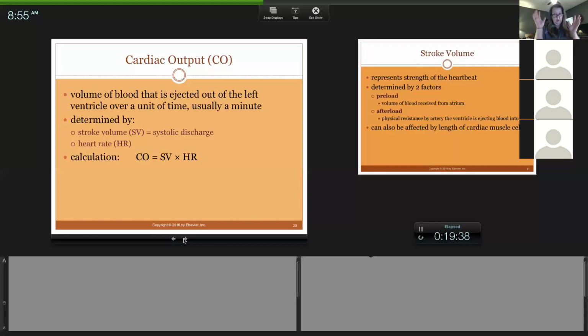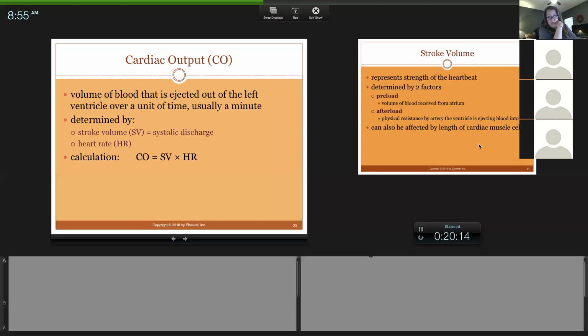So what we need to know is how much blood is ejected out of the heart in 1 minute. We take stroke volume. Stroke volume has to be measured by an ultrasound, a cardiac ultrasound. US stands for ultrasound.